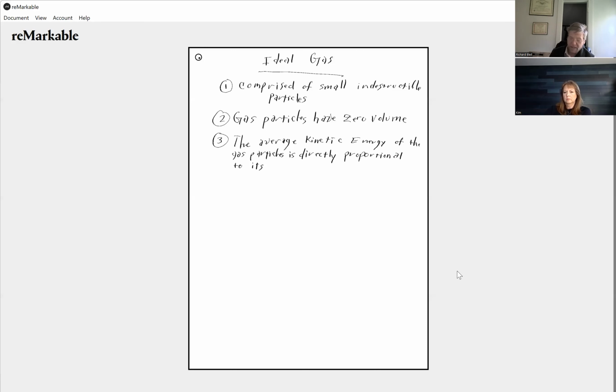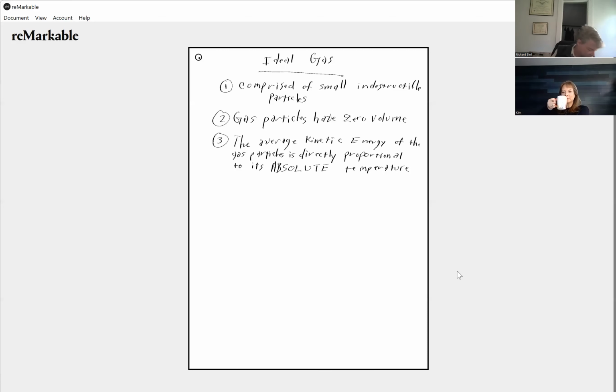No, not its temperature. I apologize for that. I hope you have not put that in your notes yet. It is directly proportional to its absolute temperature. Its absolute temperature. All right. Let's unravel this. And this, by the way, is absolutely true.